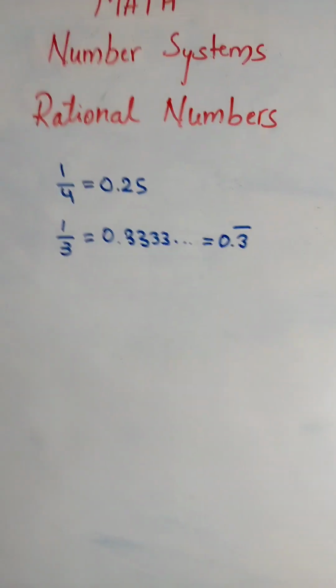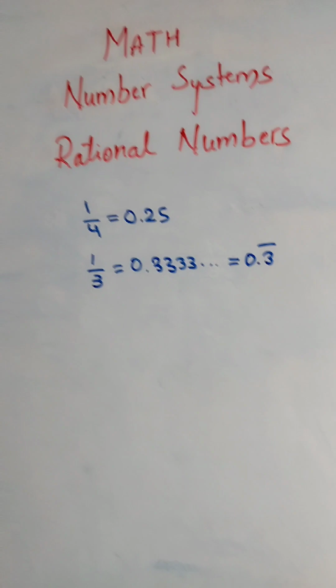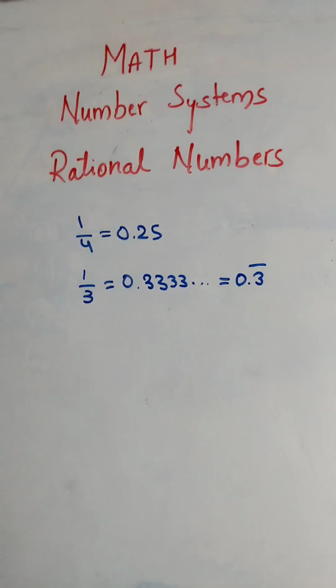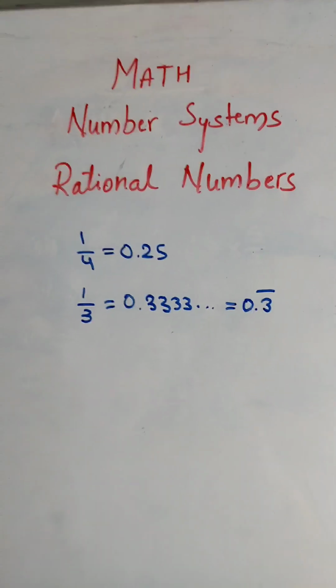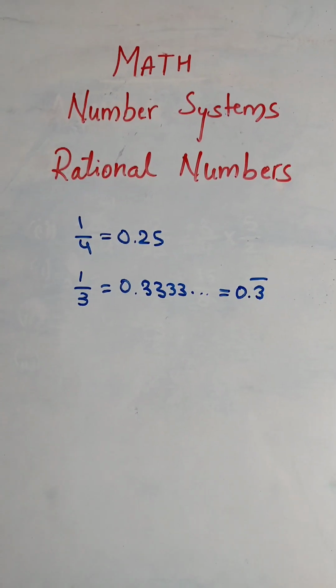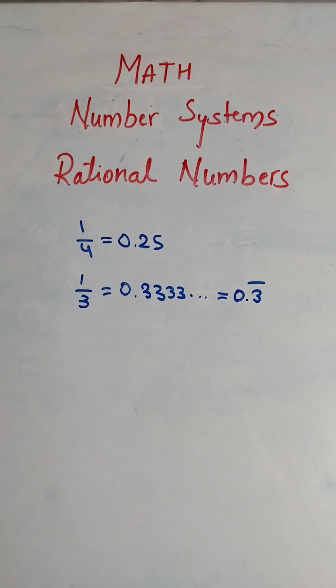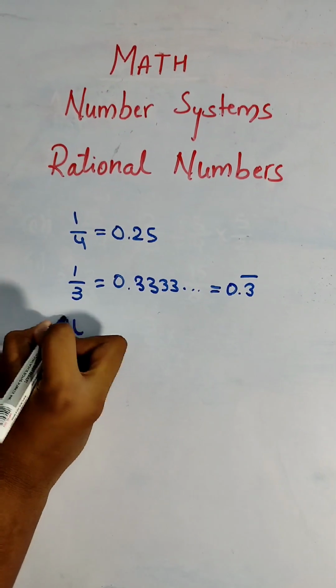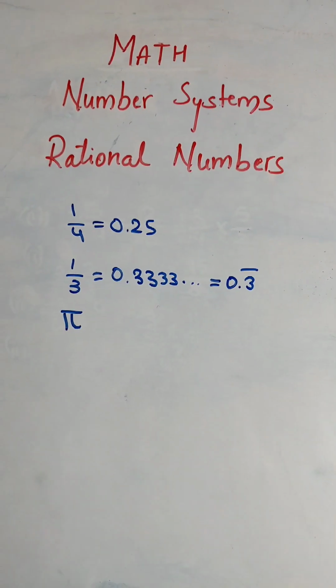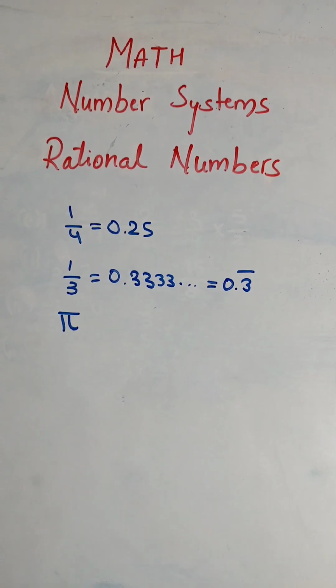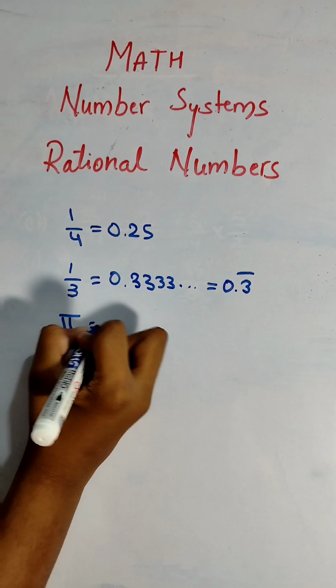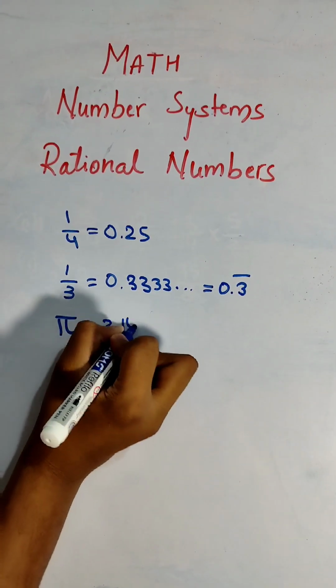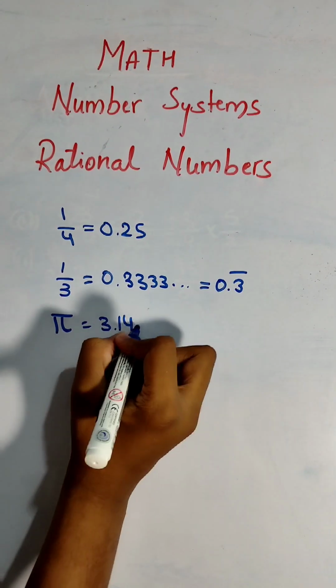Now let's take an example for non-terminating non-recurring. These numbers are also called irrationals, that is, they are not considered to be rational numbers. The simplest one that we know is pi. Pi is non-terminating non-recurring, as it's nothing but 3.14.